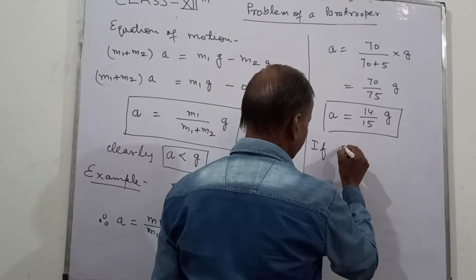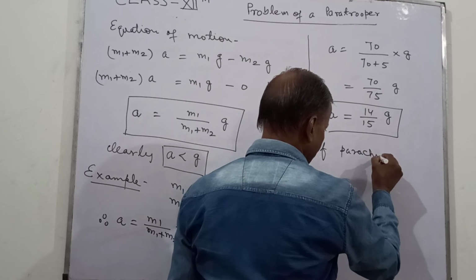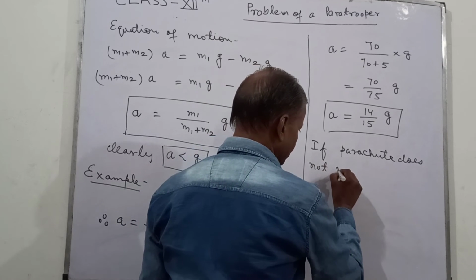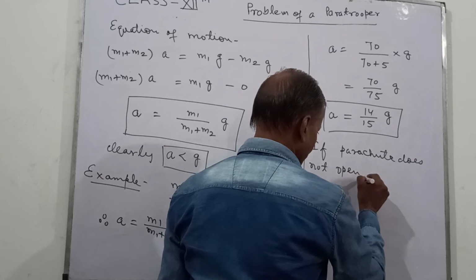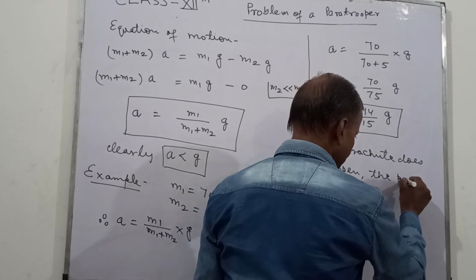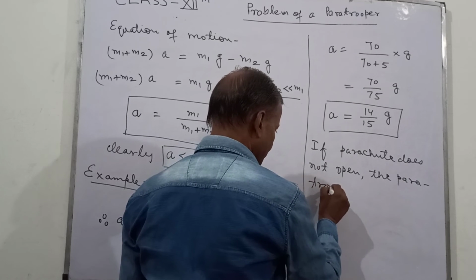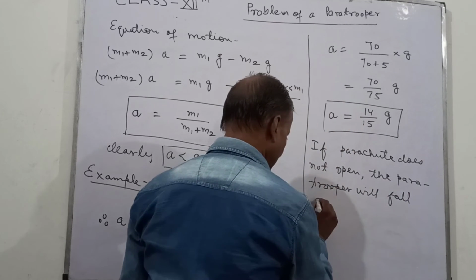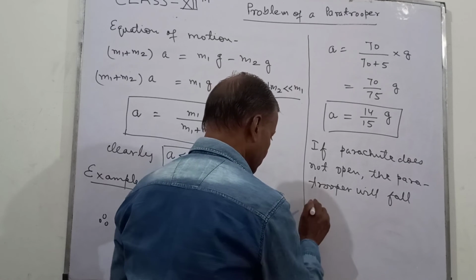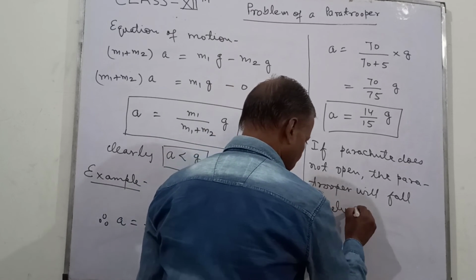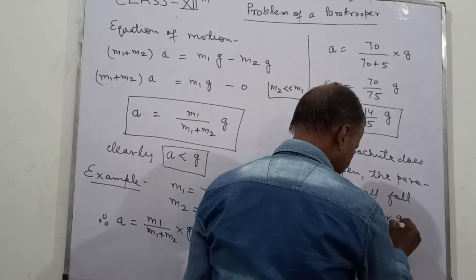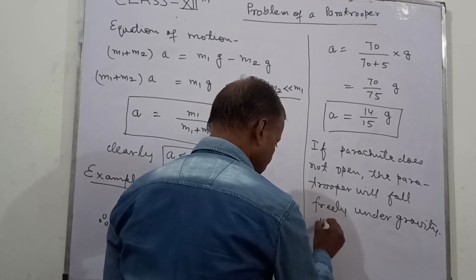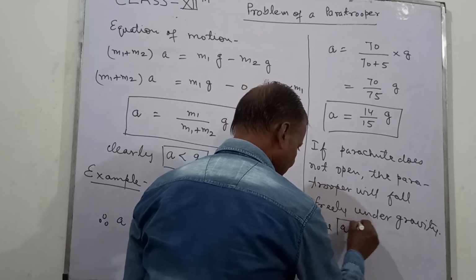If the parachute does not open, it will fall freely under gravity, and at that time the acceleration a is equal to g.